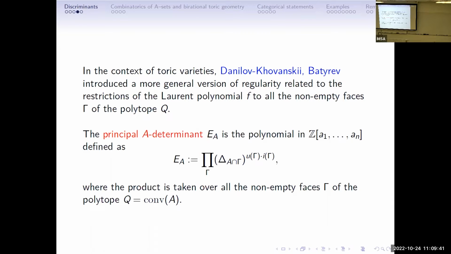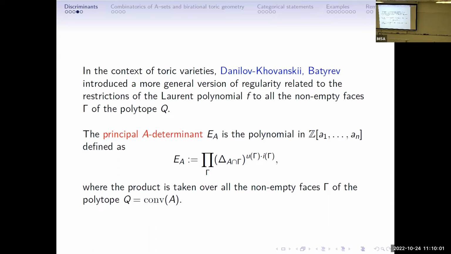So for each face, you restrict the underlying lattice, and then if A intersected with gamma gives you a basis of that, then this is going to be 1.